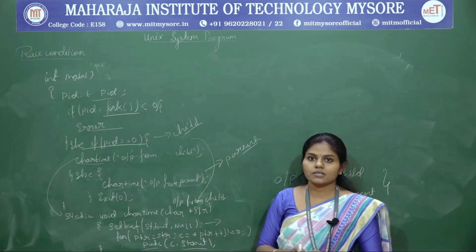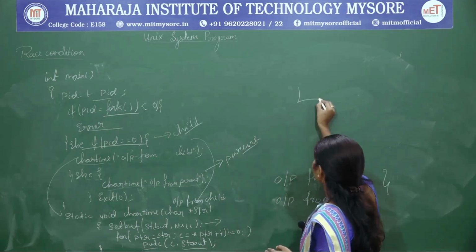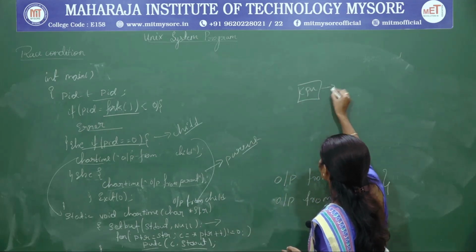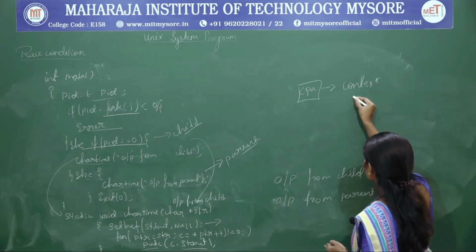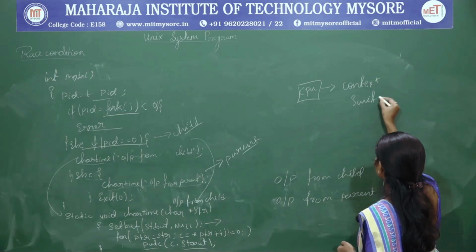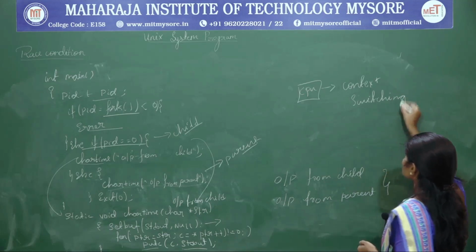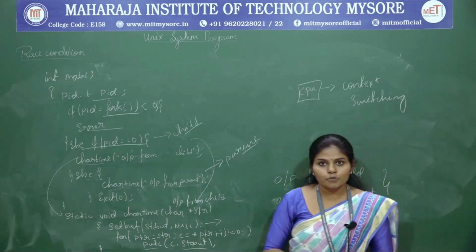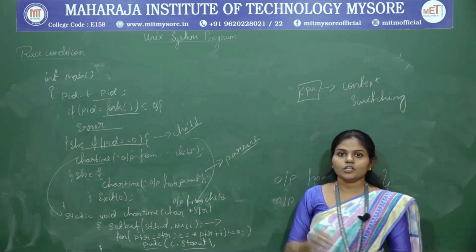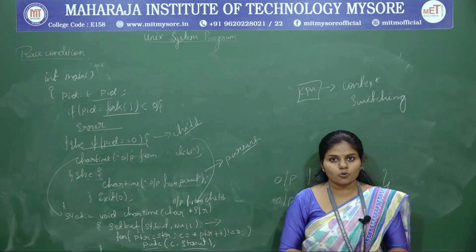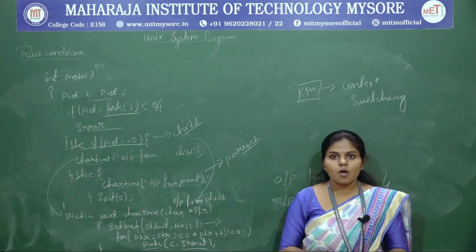In that case the CPU performs the context switching. It is going to switch from the parent to child, child to parent, and then it is going to perform the job control by using the foreground and the background.